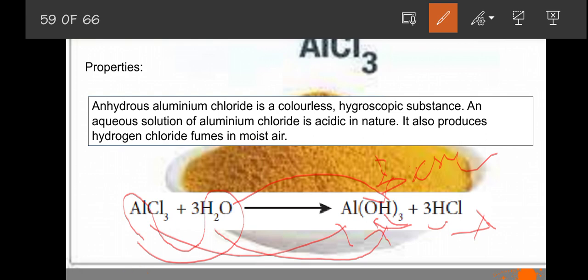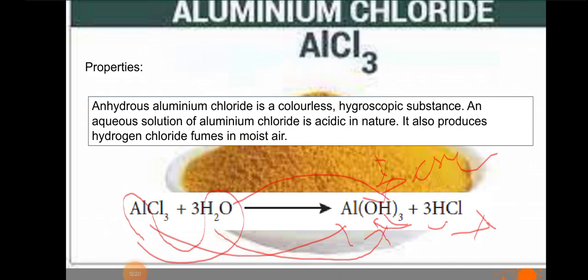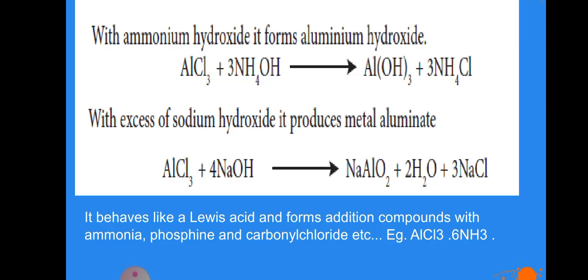Did you understand all? Okay, so ammonium hydroxide forms aluminum hydroxide.